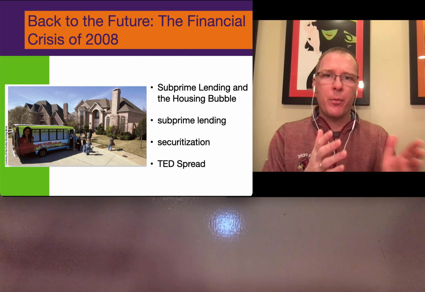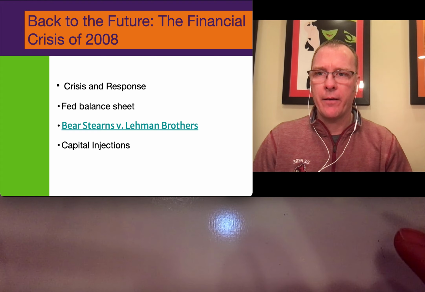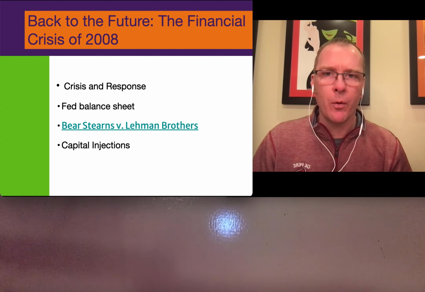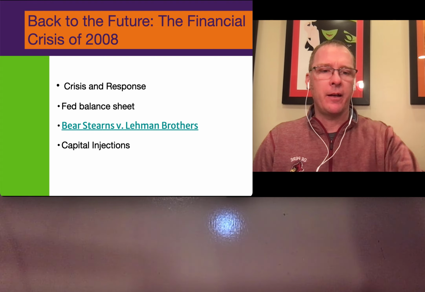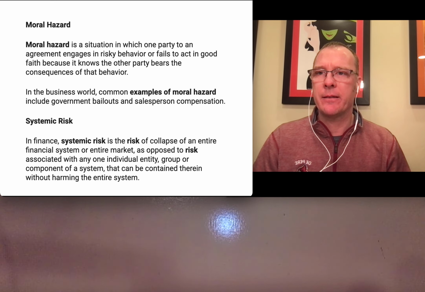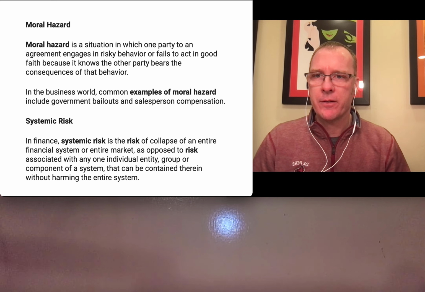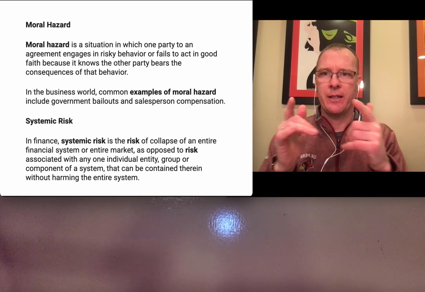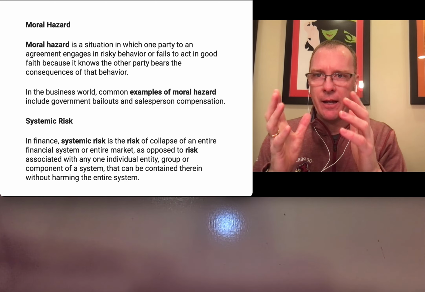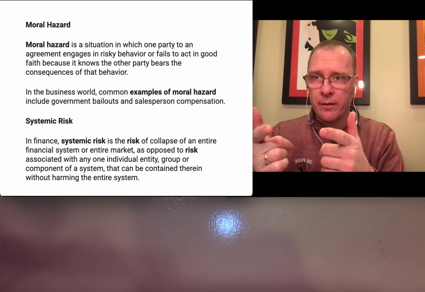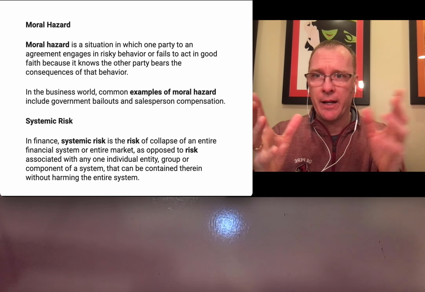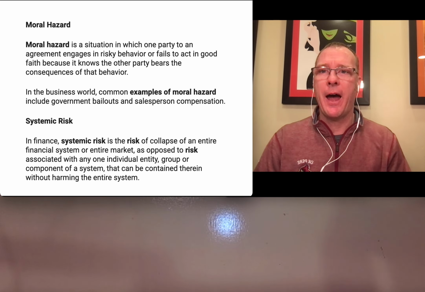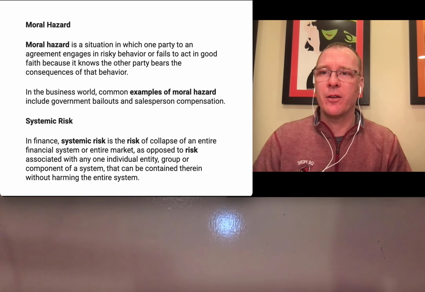So in 2008, we have a Bear Stearns versus Lehman Brothers thing we'll watch. And there are some things you'll have to know about that, such as what is moral hazard and what is systemic risk. Moral hazard is the idea that it's a situation in which one party to an agreement engages in risky behavior or fails to act in good faith because it knows the other party bears the burden.